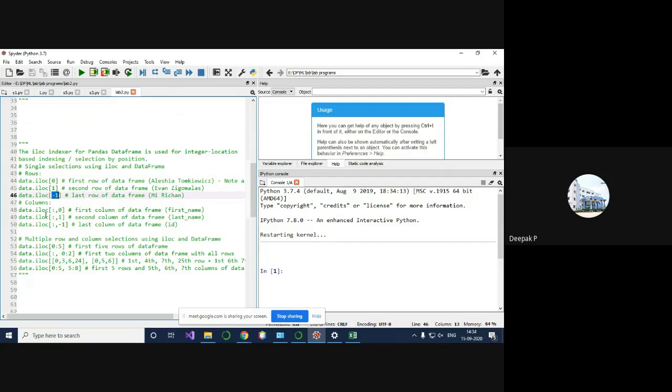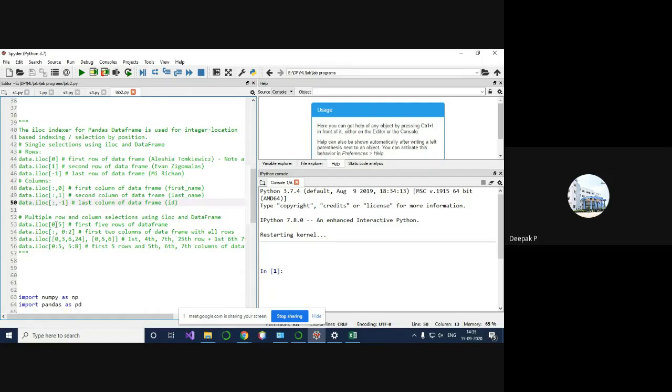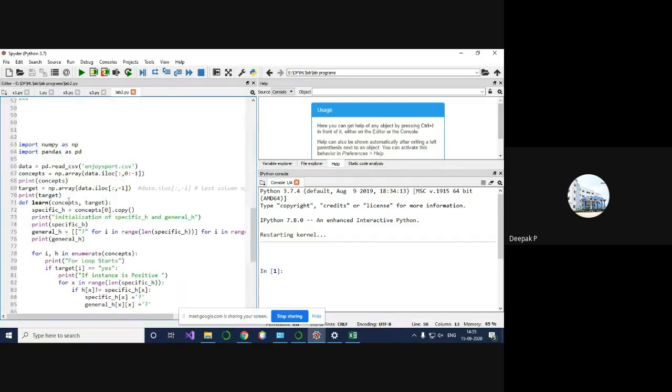Similarly for columns, I need to give the row value first, then a comma: 0 is the first column, 1 is the second column, -1 is the last column. iLoc of 0:5 means the first 5 rows, and colon 0:2 means the first 2 columns. This is what we explained here. Same thing here. You need to understand this concept.